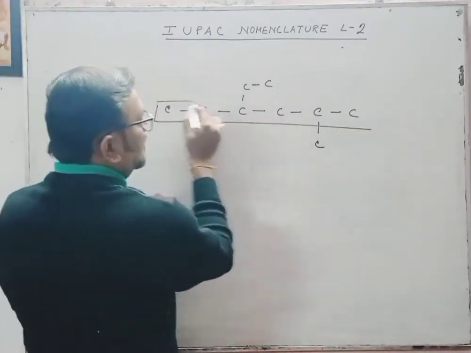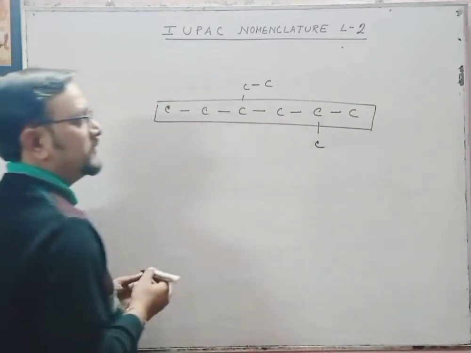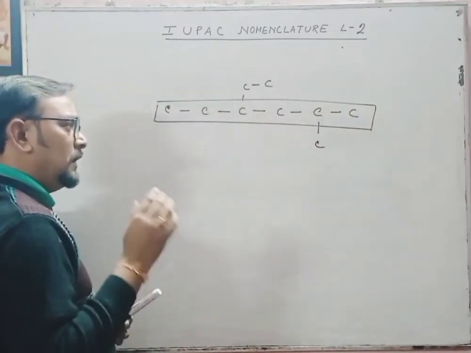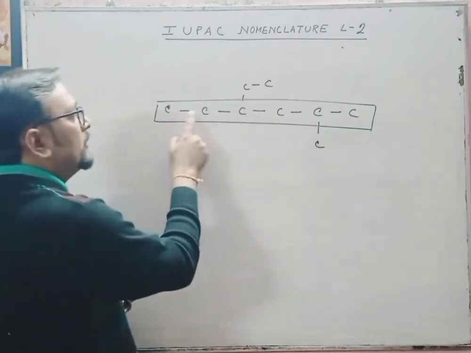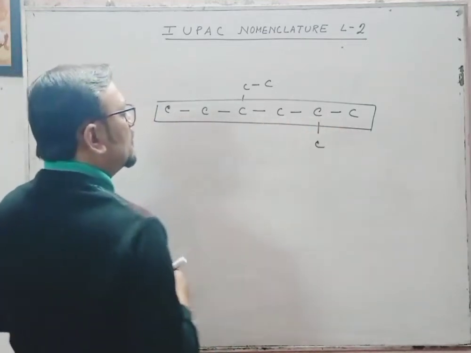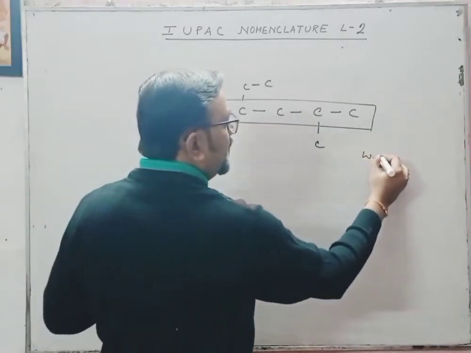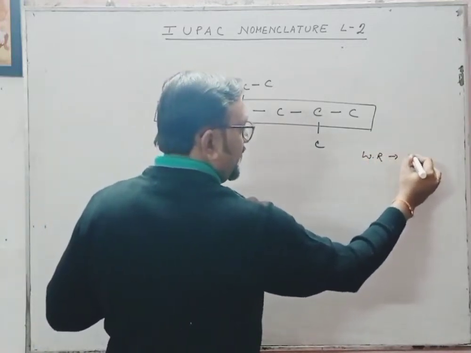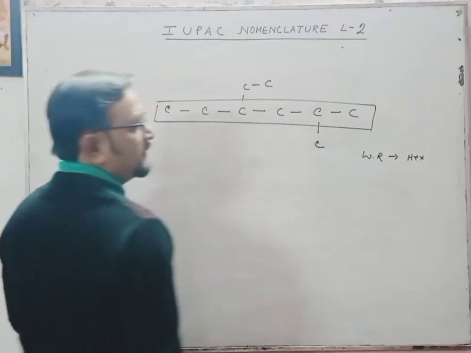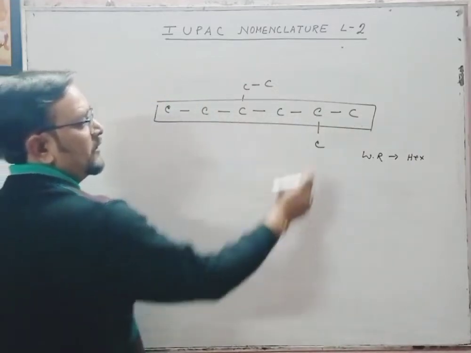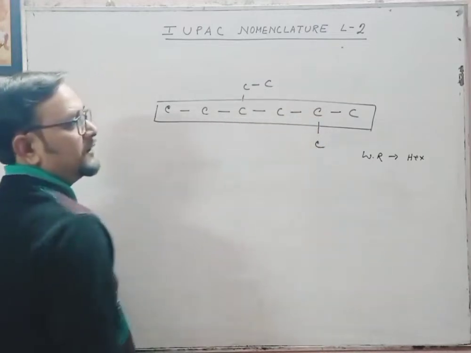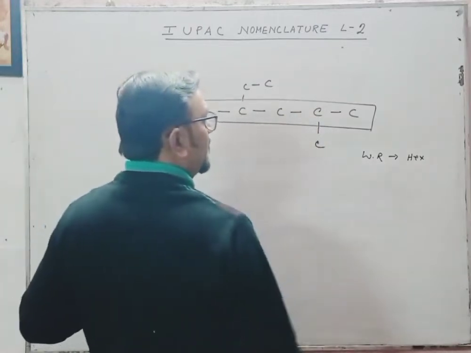I am selecting this as the longest chain. Now you see how many carbons in the longest chain we are having? 1, 2, 3, 4, 5, 6. So my word root I am getting is hex, isn't it? Again 1, 2, 3, 4, 5, 6, hex is the word root you are getting.